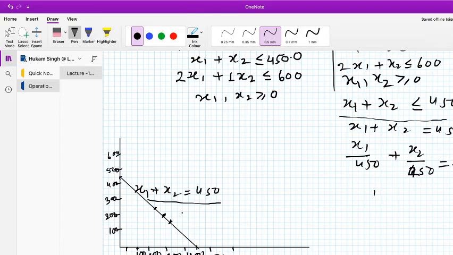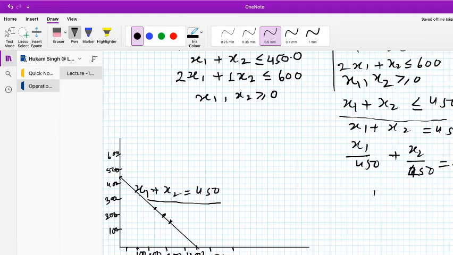But our constraint is x1 plus x2 less than or equal to 450, so we have to consider the values of x1 and x2 whose sum is less than or equal to 450.